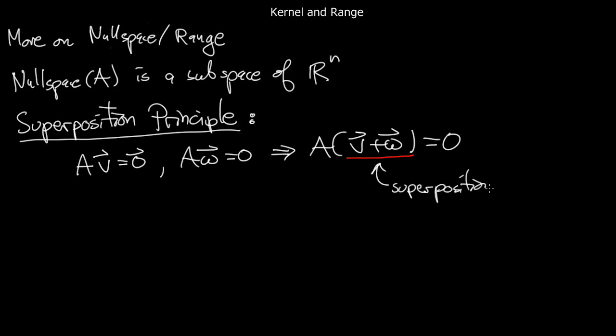Well, that's just saying that the null space is a subspace. And not only can you add them, of course, you can take any linear combination of them. So let me indicate that here. The superposition principle says that if you have two solutions to an equation Av equals 0, then you can take any linear combination of those and still have a solution. So that's just the notion of a subspace.